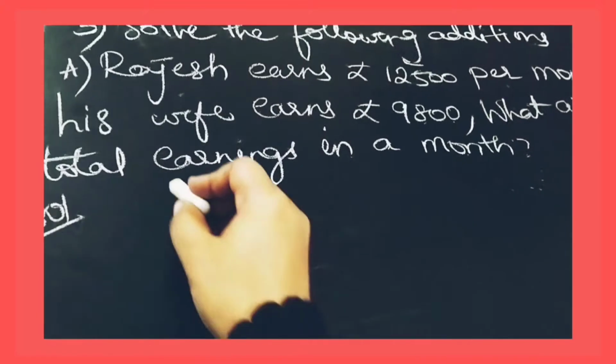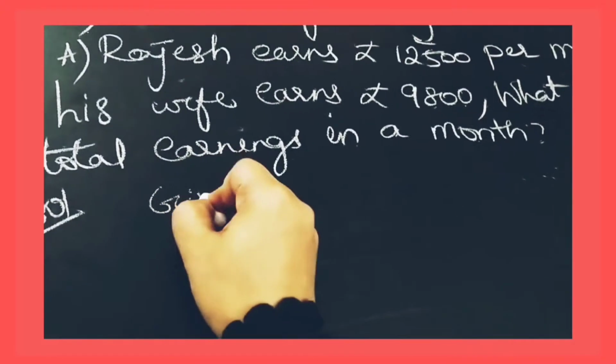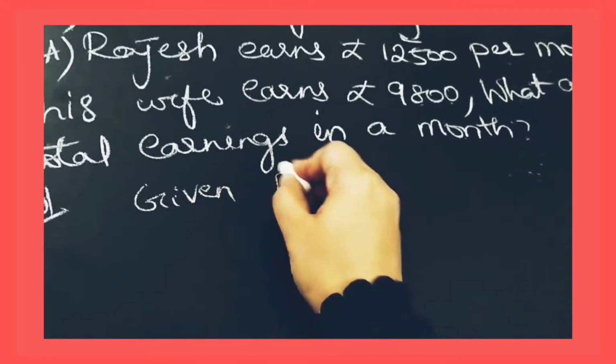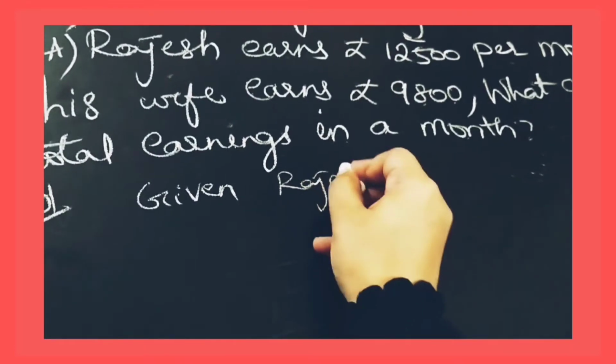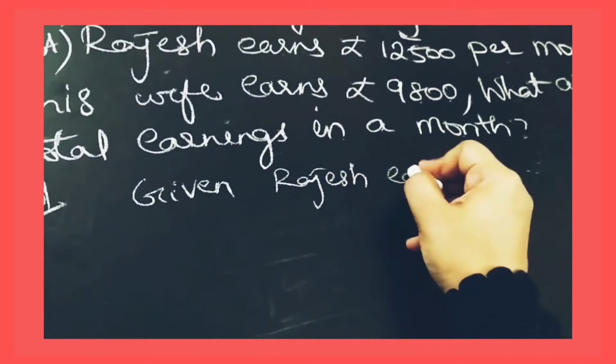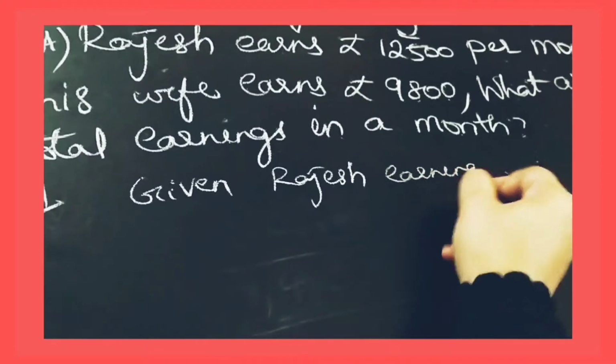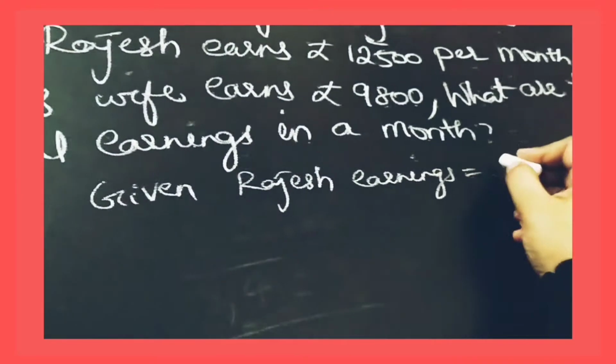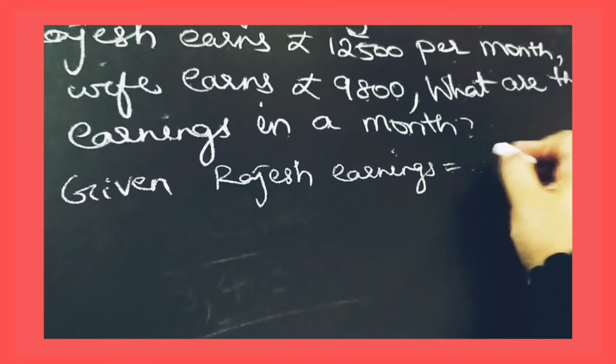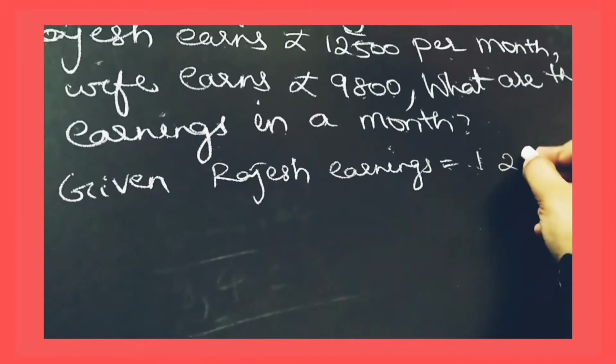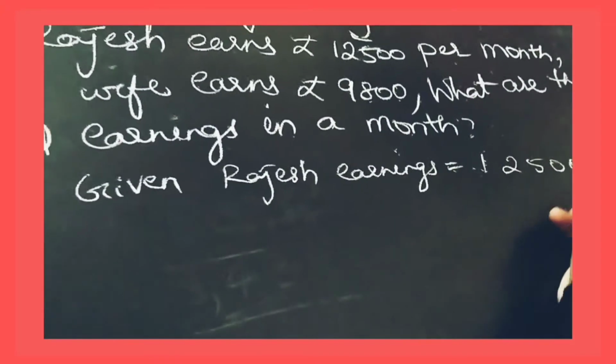Again here total is there. Okay, first you have to write given. Rajesh earnings. What are Rajesh earnings? It is 12,500.